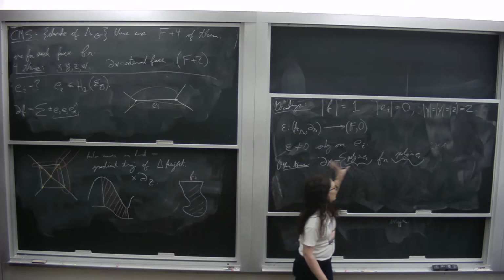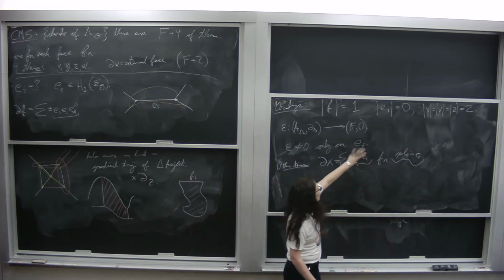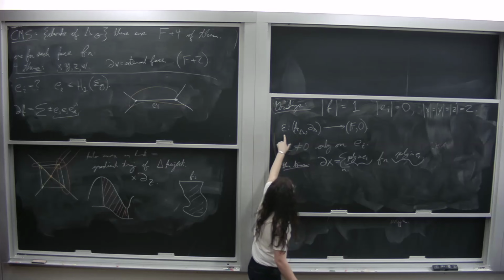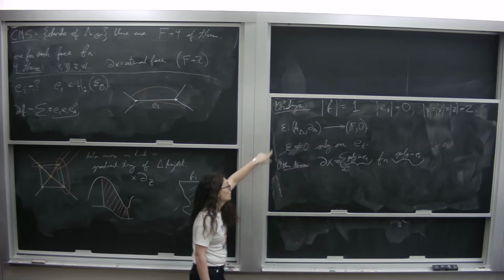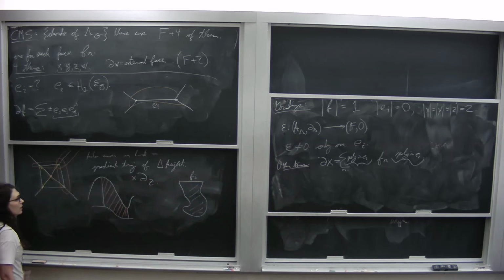However, none of this is in degree 1, and so it doesn't affect the map epsilon at all, right?